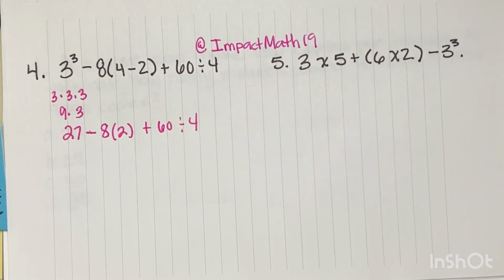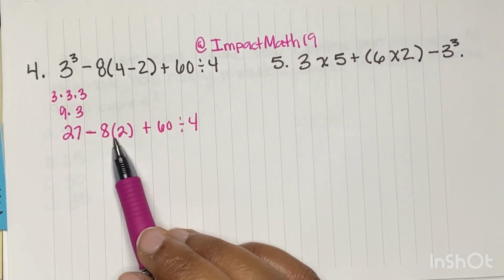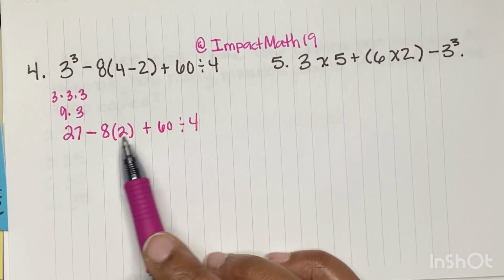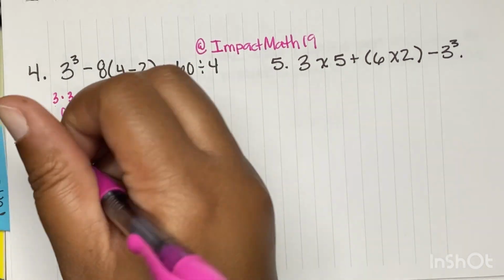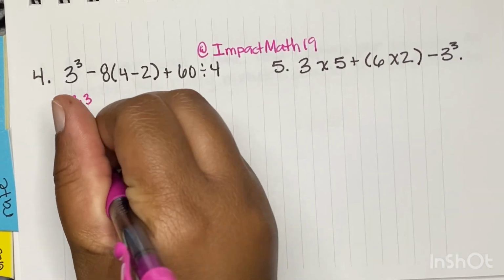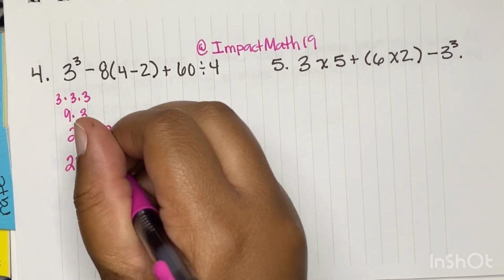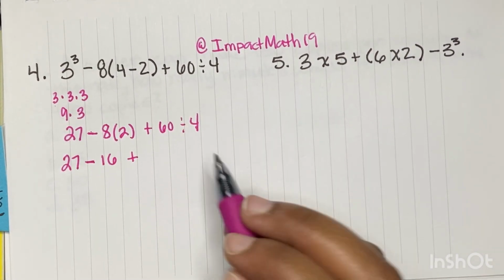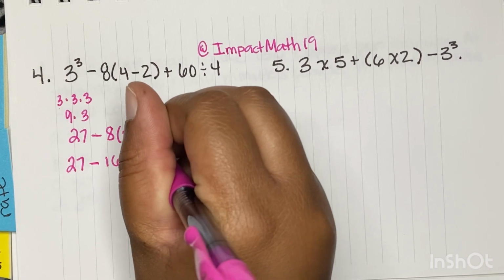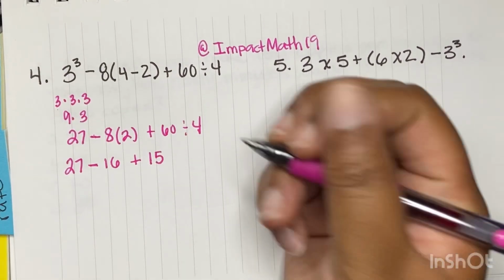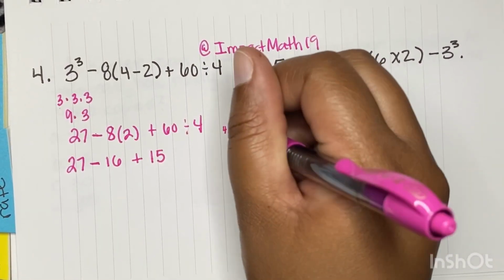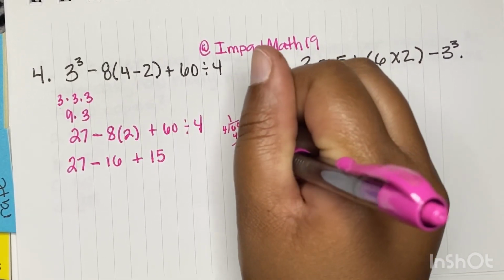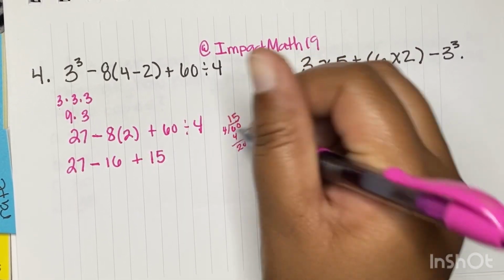So now we're going to look to see we have subtraction, multiplication, addition, division. So we're going to do from left to right with the multiplication, then division. So we're going to drop down our 27 minus 8 times 2 gets us 16 plus 60 divided by 4 is going to give us 15. Let me double check. So 4 goes into 60 fifteen times. Yep.